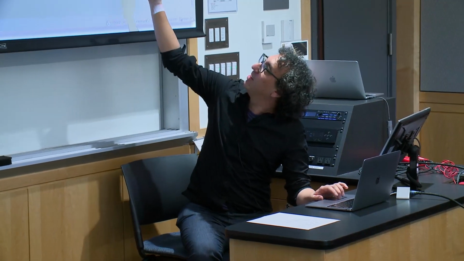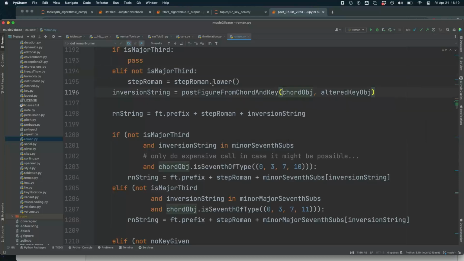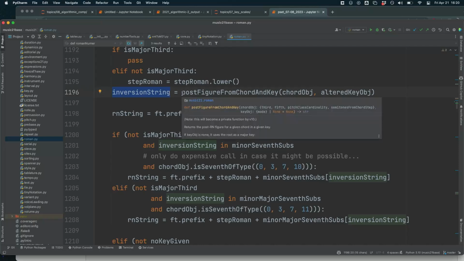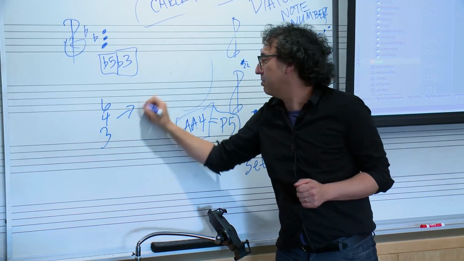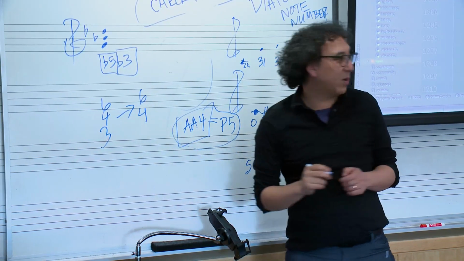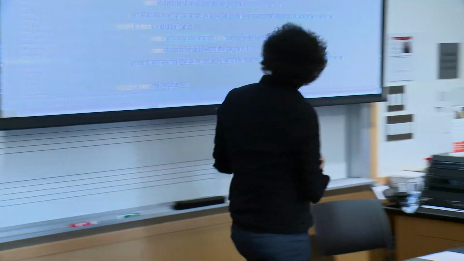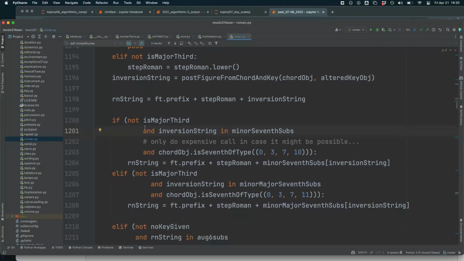Then we try to figure out what kind of figure it's going to be, to get what kind of inversion it's going to be. So what's the string for that? And that's where a lot of these, 6, 4, 3 becomes 6, 4, and so on. Then we'll try to think about, okay, what's the prefix?